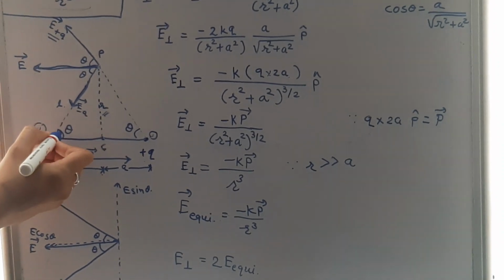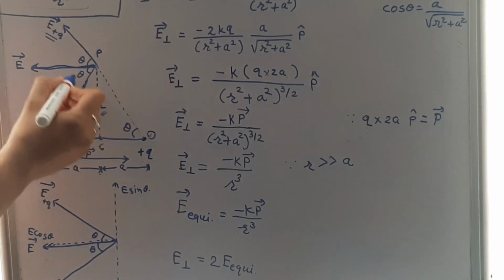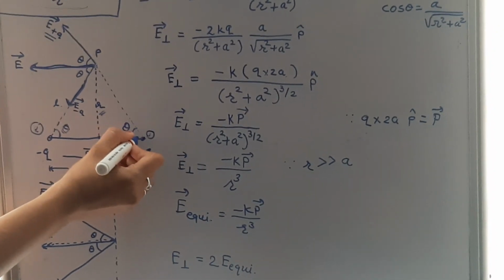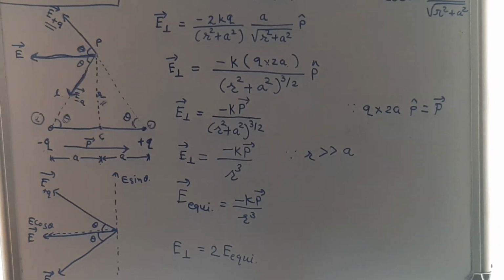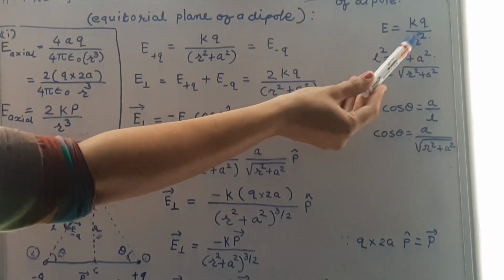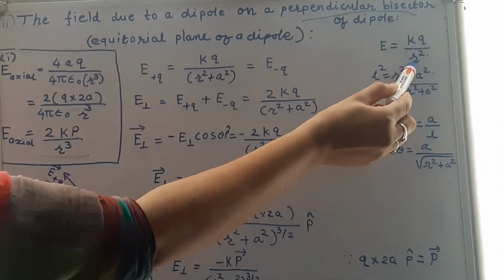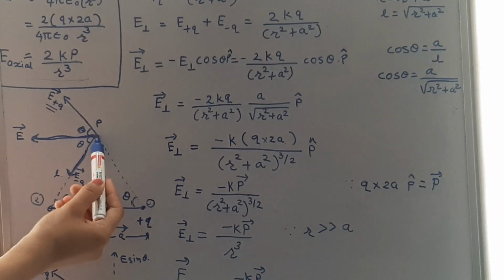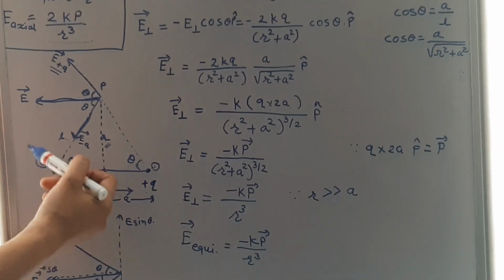If I consider this angle to be theta, then of course this angle is also theta, because the two angles are the same. The electric field is given by kq upon r square, but r here is the distance of the point from the charge q, that is plus q or minus q.